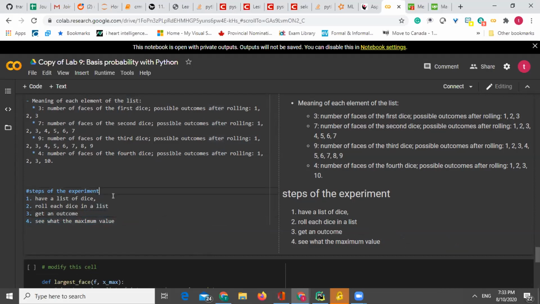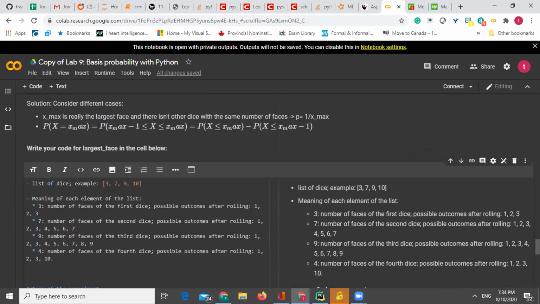For example, if I have the list of dice 5, 3, 7, and I roll each die, I get an outcome, for example 6, because in the example we only have one outcome.